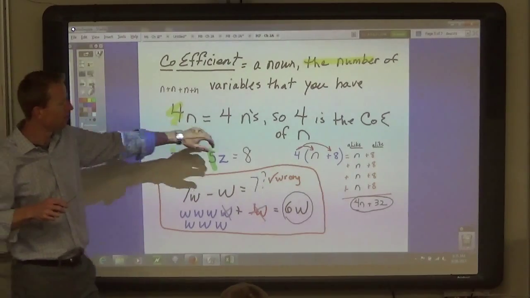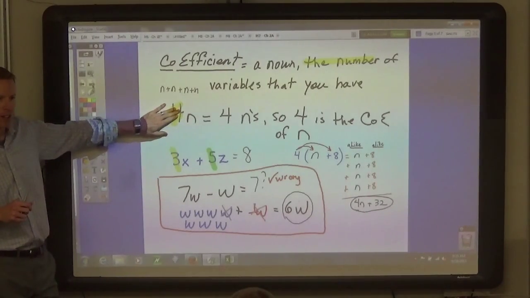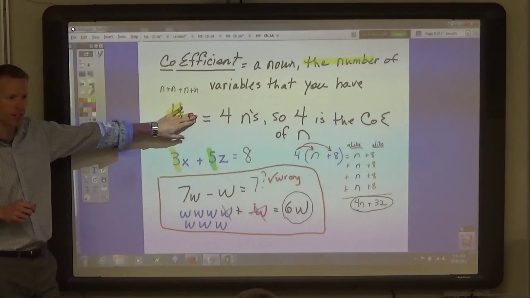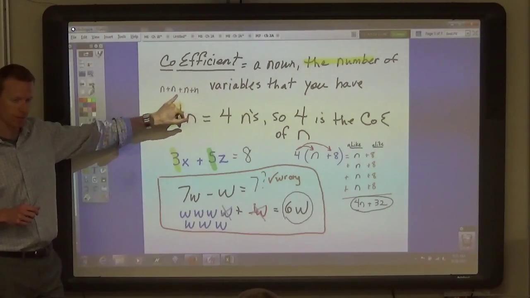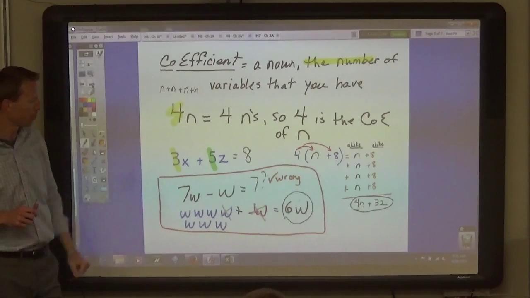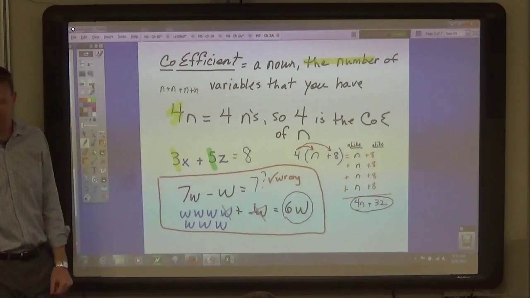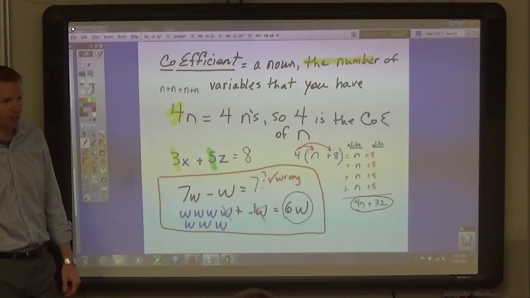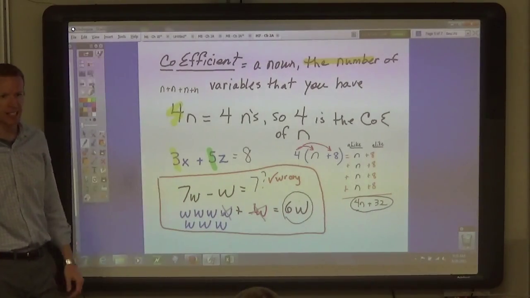4 n's. So, this isn't the number 4 and n. This is how many n's there are. Alright? How many x's are there in this expression? Caleb? 3 x's. How many z's?